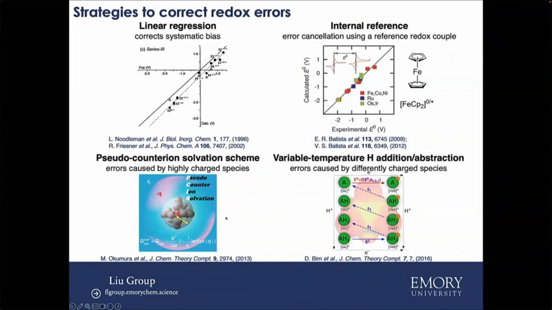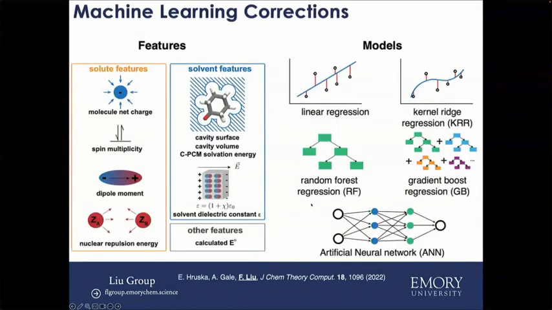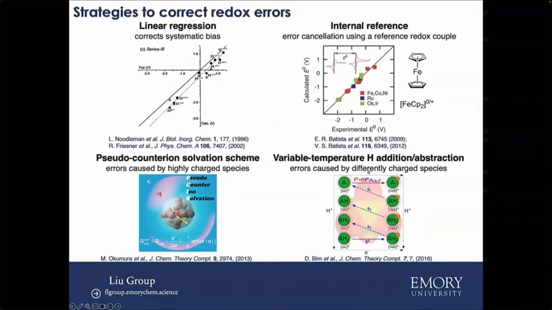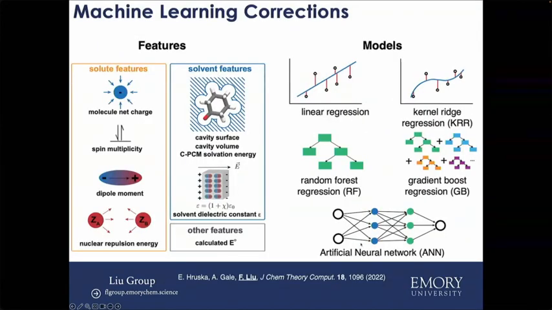So some empirical formulas were proposed to fix this. Inspired by these previous methods, we think we can use machine learning to do this correction, because the relationship between the error and the charge of the solute should be learnable by a machine learning model.